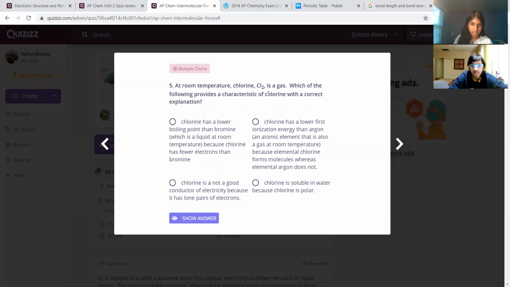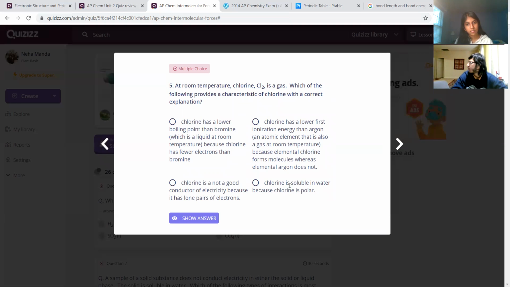At room temperature, it's a gas. So which is a characteristic of chlorine with the correct explanation? At room temperature, it's a gas, so that means it has a very low boiling point. I mean, this is the only one that talks about boiling point, but I'm still not sure about this one. The last one is correct too, right?